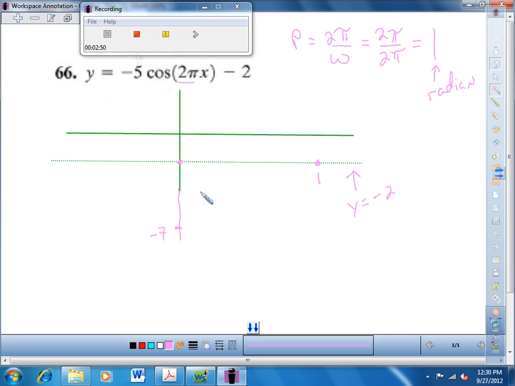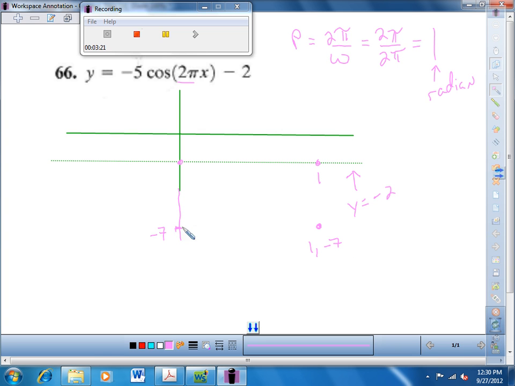Because it shifted down 2, and instead of starting up here at 5, it's flipped, so it would start down here at -5, but then it's moved down 2 from there. So it's going down there. Then I would find the end point, which is over here. So this point is going to be the point 1, comma, -7.